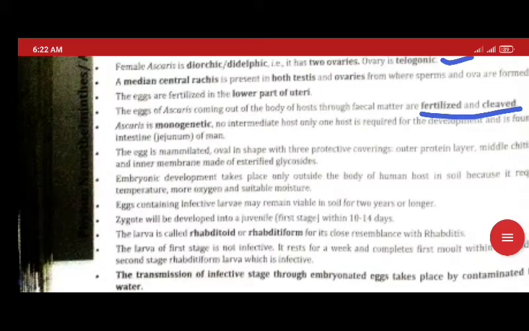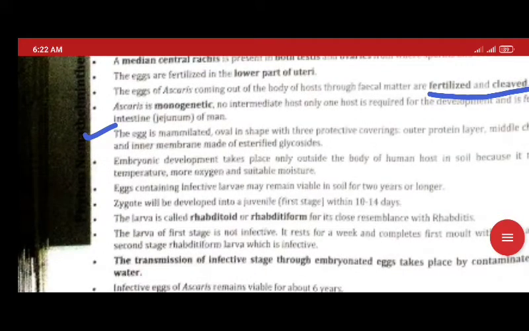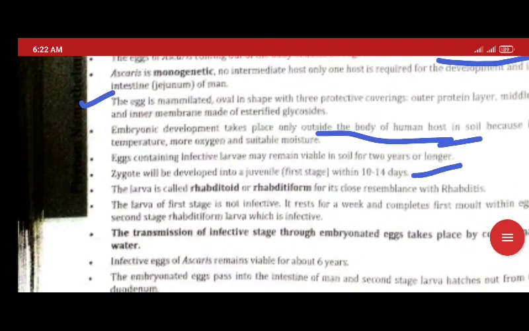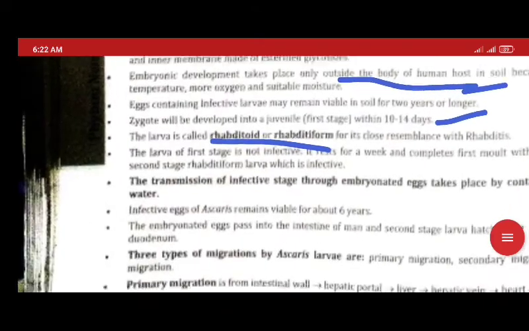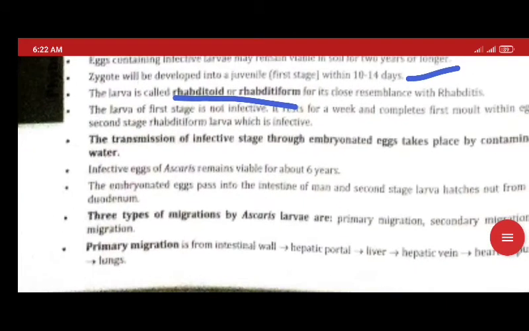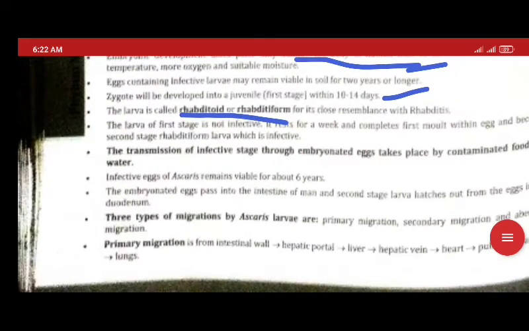Now embryonic development is outside the human host body in soil. So its zygote develops in 10 to 14 days. The infective stage is transmitted through embryonated eggs by contaminated water.